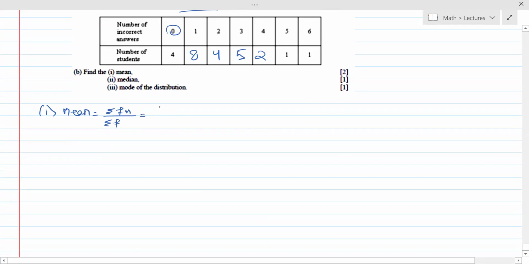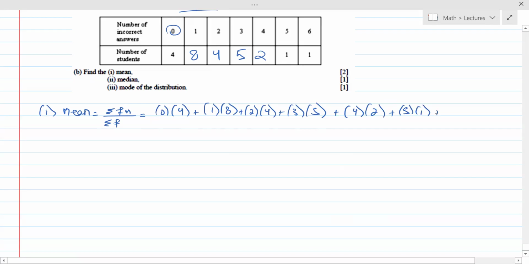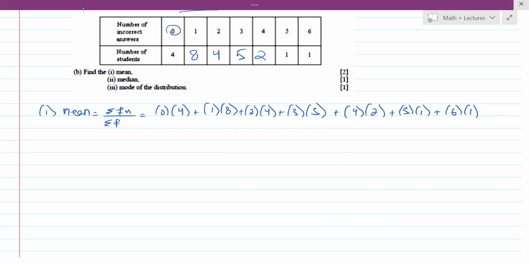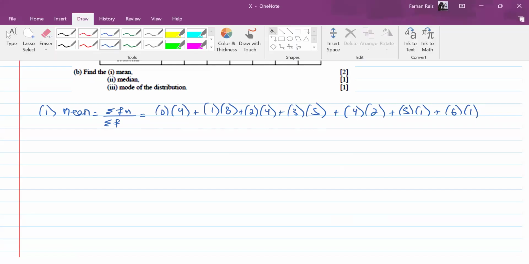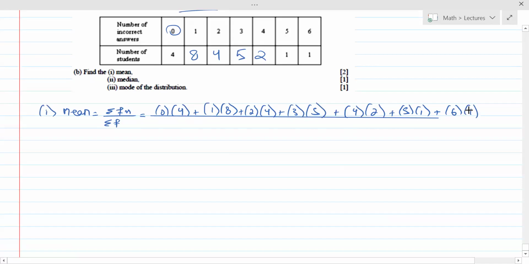The summation fx means it's 0 into 4 plus 1 into 8 plus 2 into 4 plus 3 into 5 plus 4 into 2 plus 5 into 1 plus 6 into 1, whole divided by the total frequency.